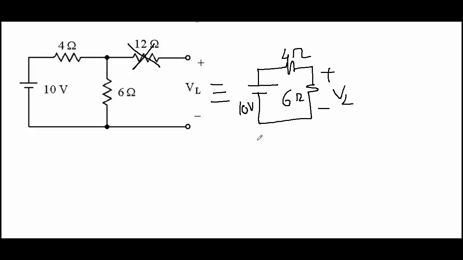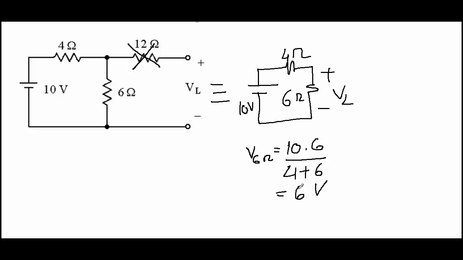Either find the total current that passes in this loop and multiply it by this resistance to get VL, or we can just use the voltage divider rule, which says that the voltage across this resistance of 6 ohms equals the total voltage in the circuit, 10, times 6 over 4 plus 6, that equals 10 over 10 times 6, which is 6 volts.